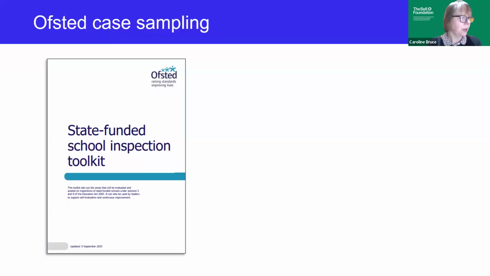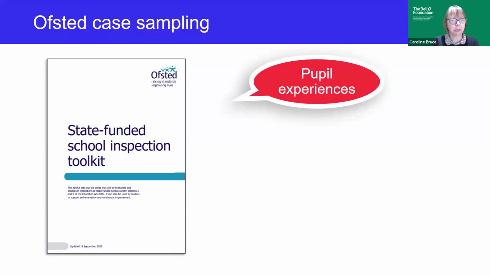Now, another addition to the framework, as you've probably heard in the media, is the introduction of case sampling. And this process involves Ofsted taking a closer look at a group of pupils who have specific needs or face particular barriers to learning and or well-being. Now, we know that this will be based on the context of the school.